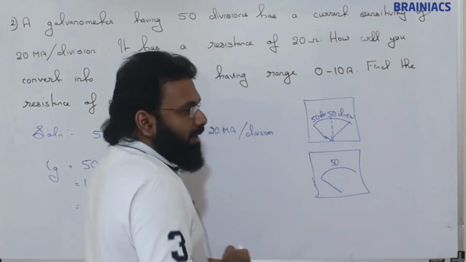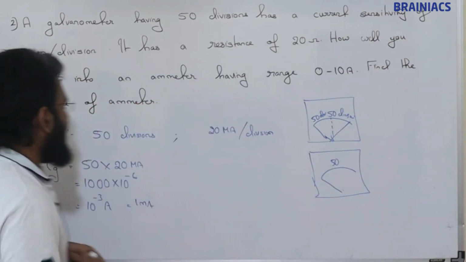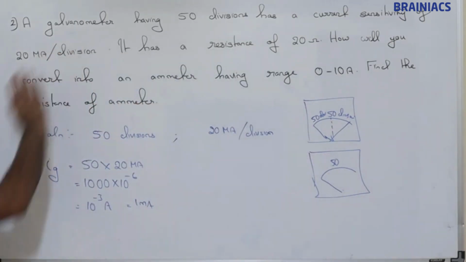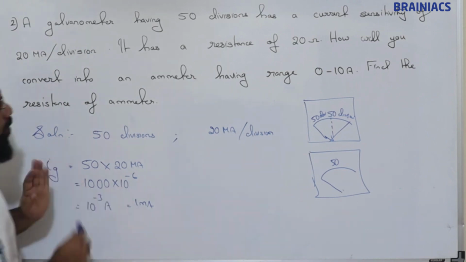It all depends on the calibration of the galvanometer, but we need not worry about that. Whatever information we have got in the question, from that we understand the maximum current the galvanometer can bear is 1 milliampere.